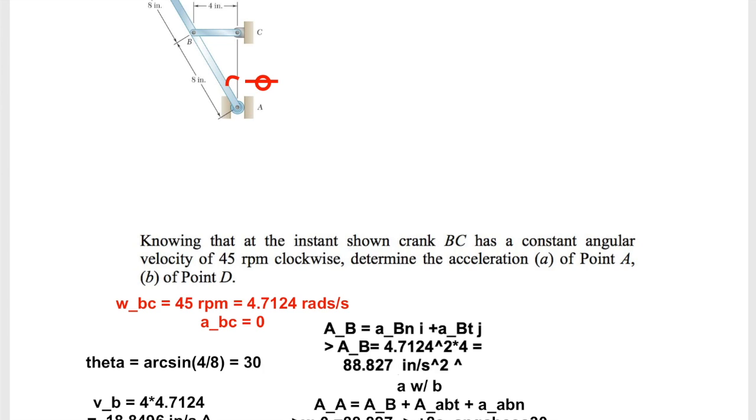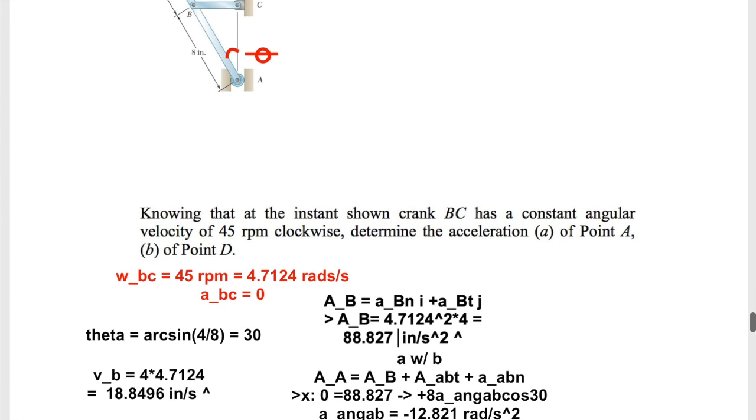So we set that up and we're able to find that our angular acceleration at AB is negative 12.821 radians per second squared. We set up the y and we find that AA equals negative 51.284 inches per second squared.